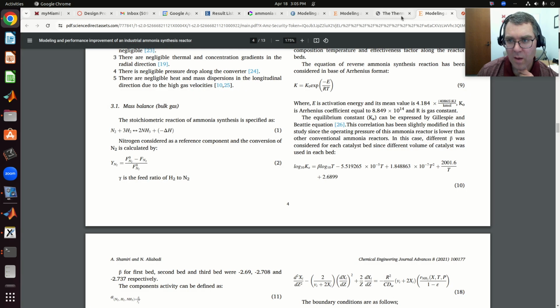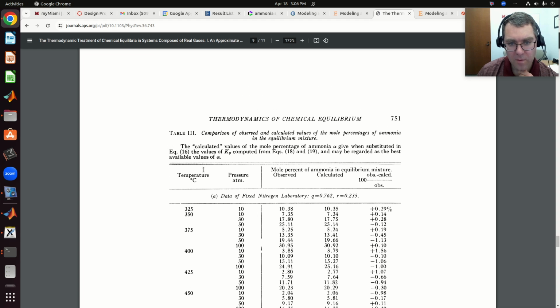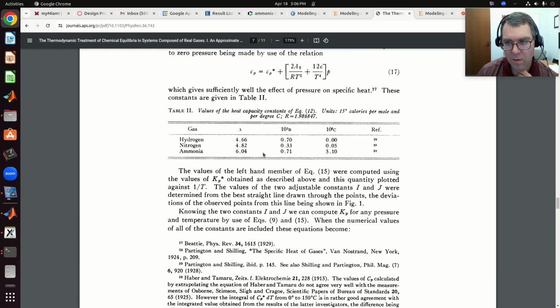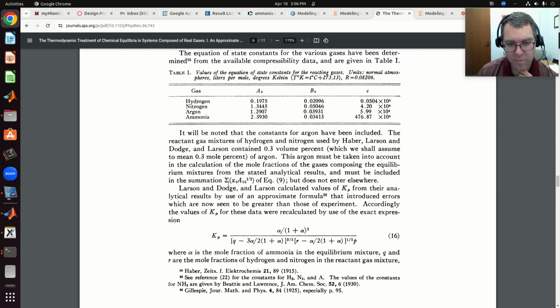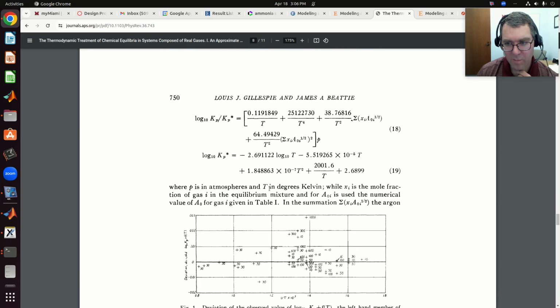Okay, and so I might need to investigate more, because this says this is calculated when computed using equation 16. So equation 16, when Kp is calculated using equations 18 and 19.